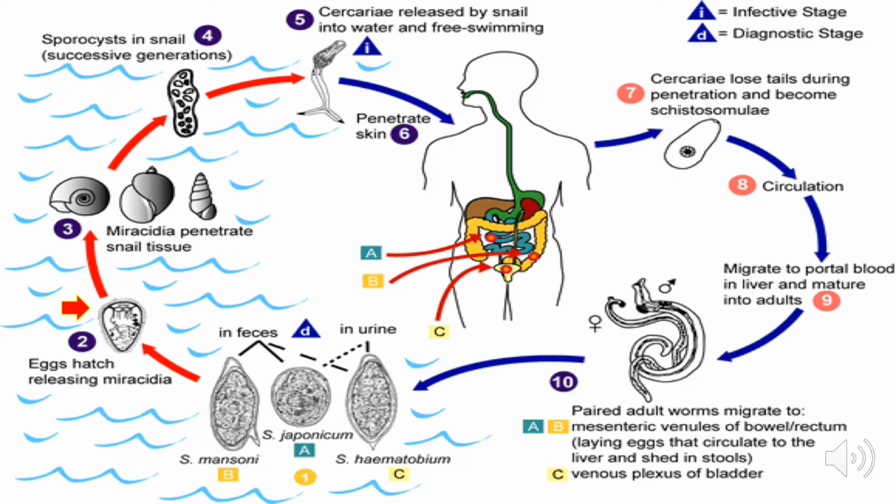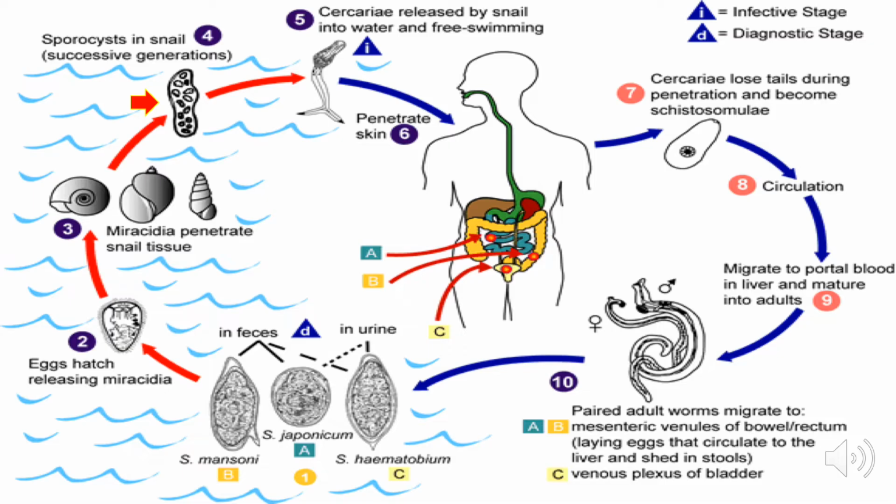This miracidium will infect the snail host. Inside the body of the snail, the miracidium will lose its cilia and will become the mother sporocyst. This mother sporocyst will later divide to produce the daughter sporocyst.